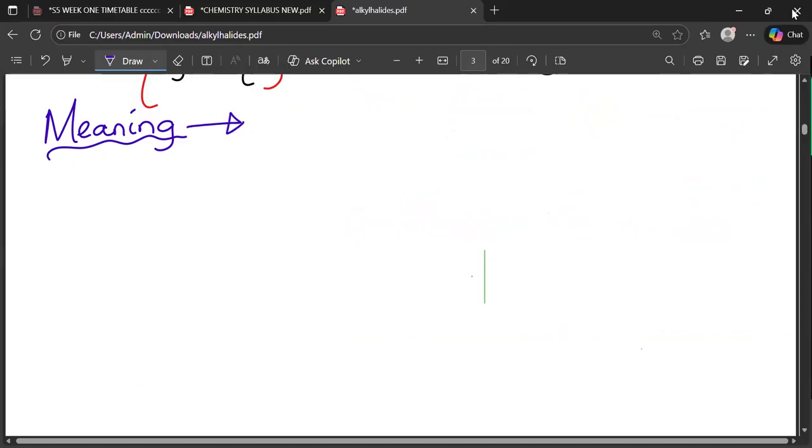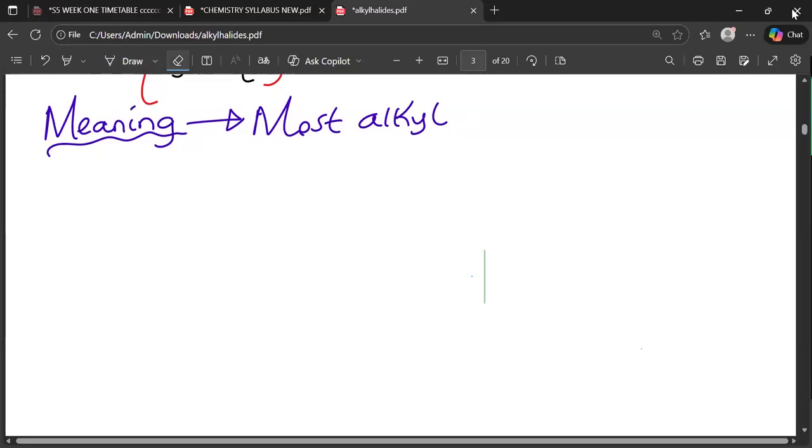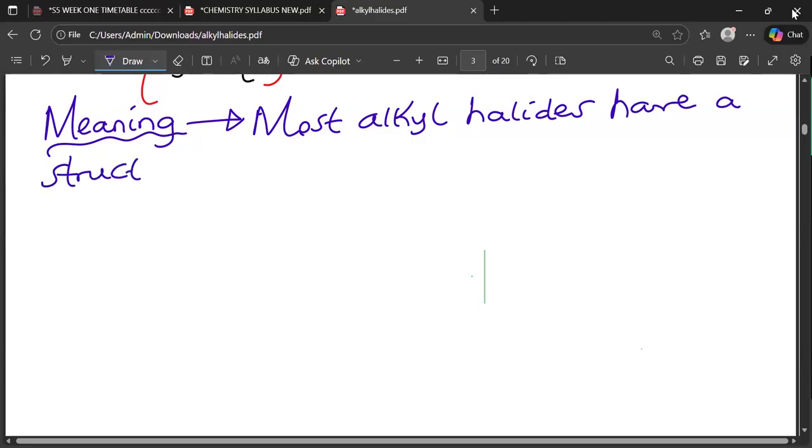Meaning most alkyl halides have a structure RX like that.